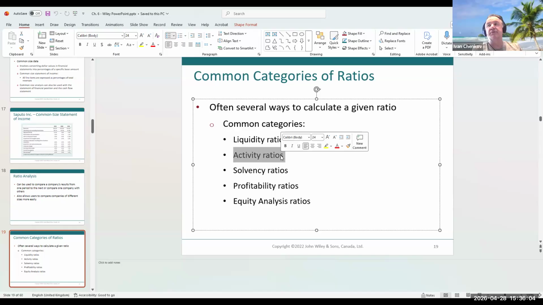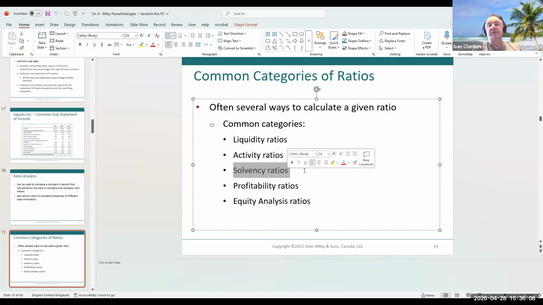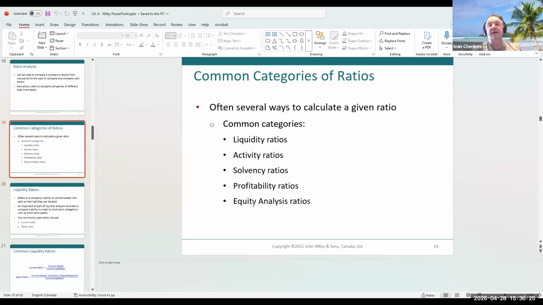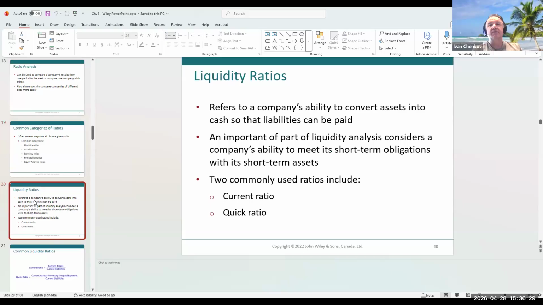Activity ratios show how the company operates. Solvency ratios give us an idea of how exposed they are to debt from the outside. Profitability ratios give us different ideas about how profitable the company is, and the last one is the equity analysis ratio. So let's start with the liquidity ratio.